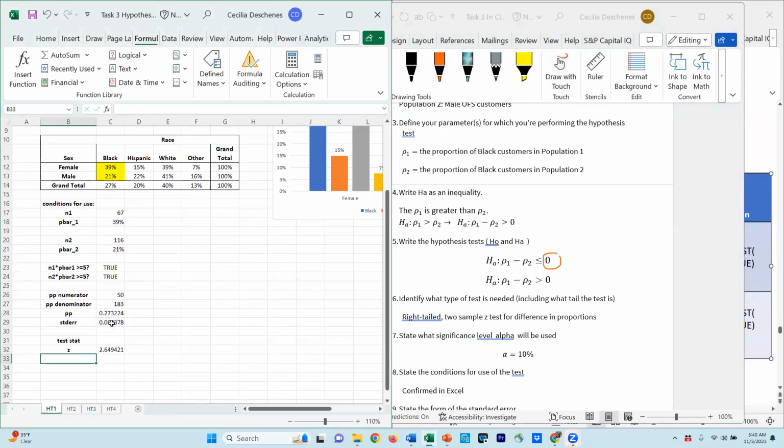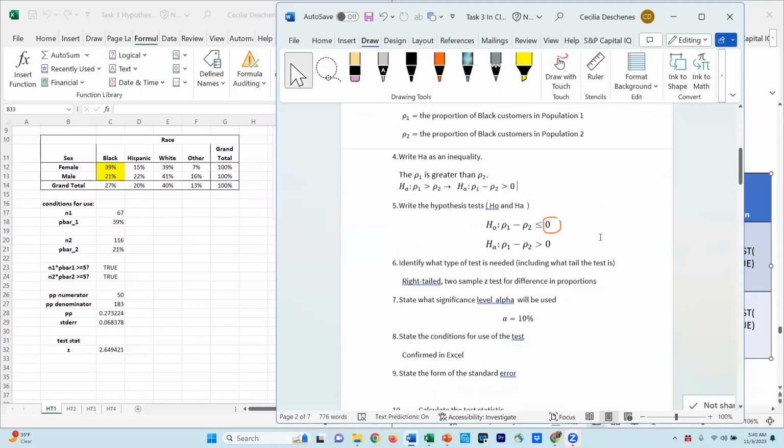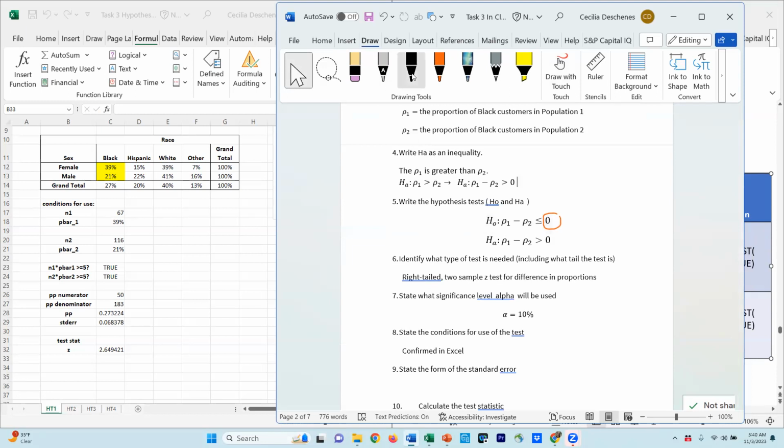All right. So that is my test statistic. And if I go over here to my hypothesis test, you don't have to actually do this, although you can.